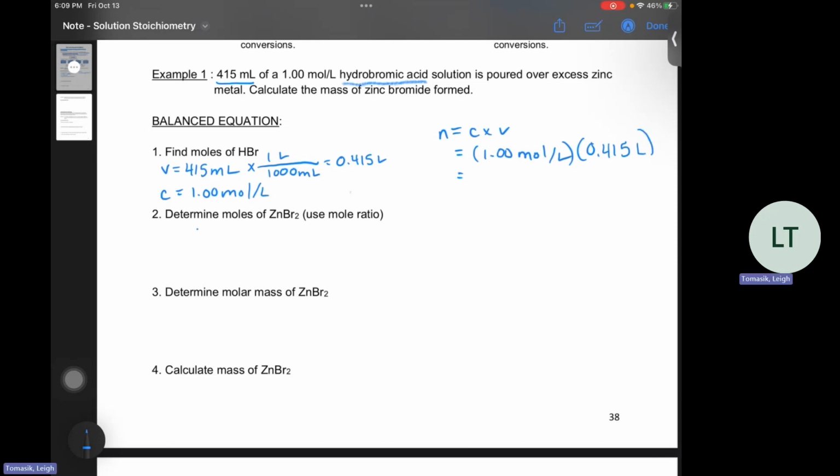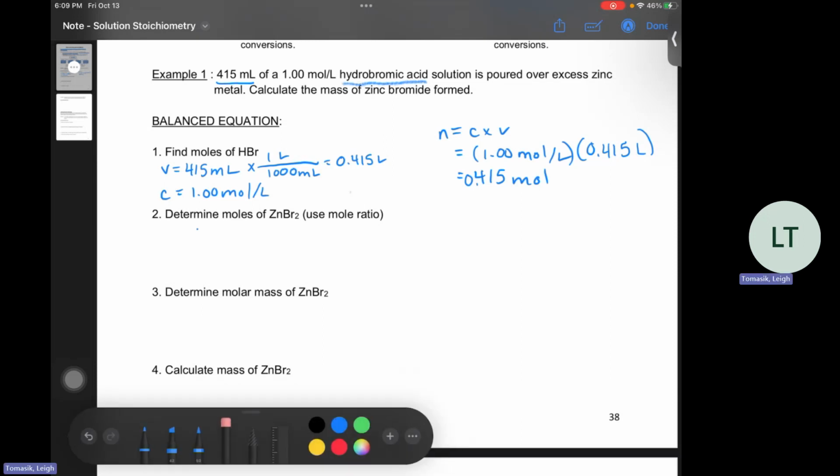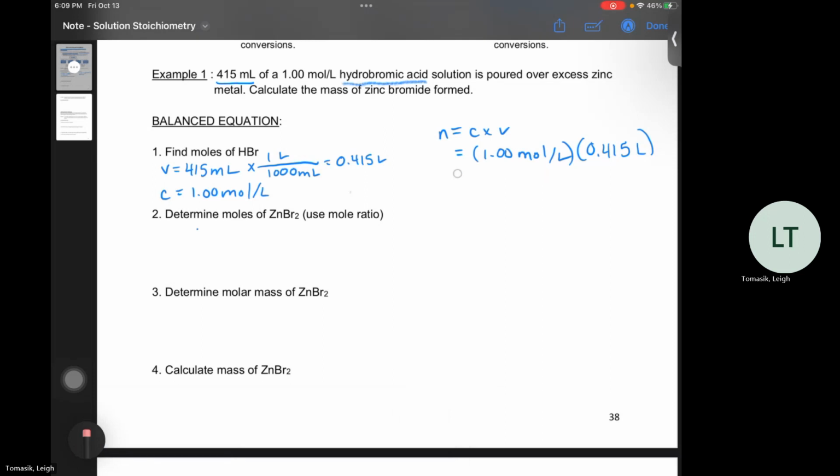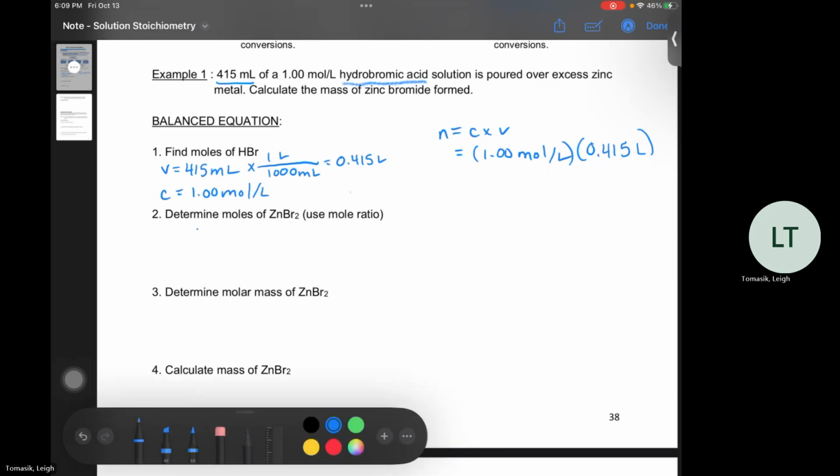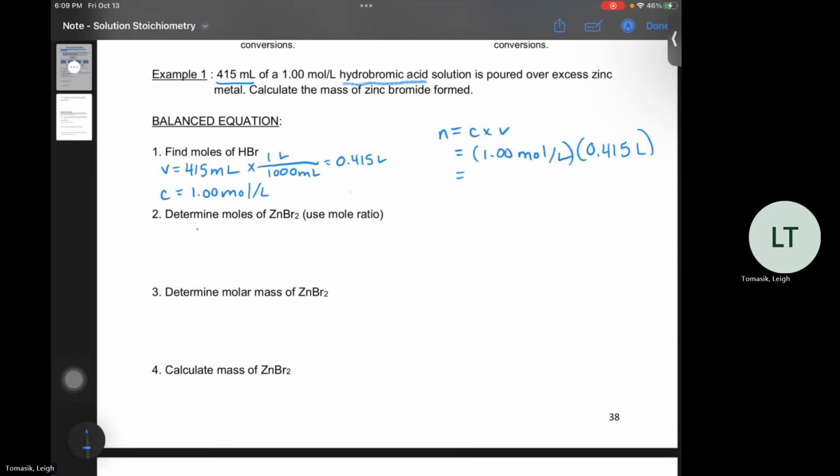So when we multiply this, we know that we have 0.415 moles. Right? That was easy. I don't like the way that looks. Let me erase it. So now we know that we have 0.415 moles of hydrobromic acid.